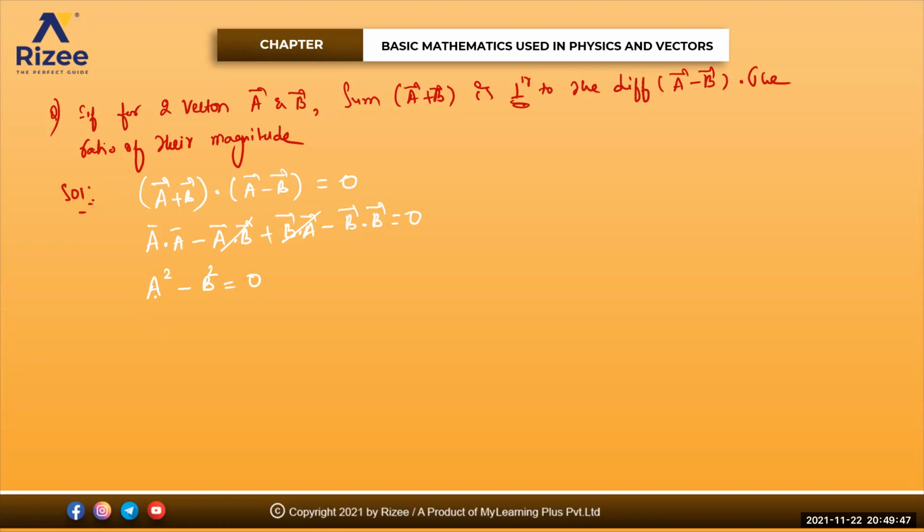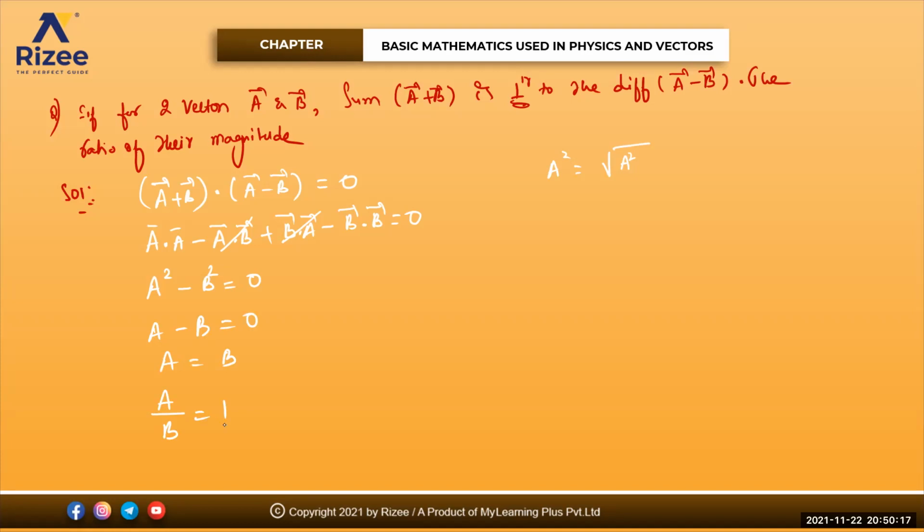Magnitude of A bar is under root of A square, that is A. So A minus B is equal to 0, so A will be equal to B. The question asks the ratio, so A by B will be equal to 1.